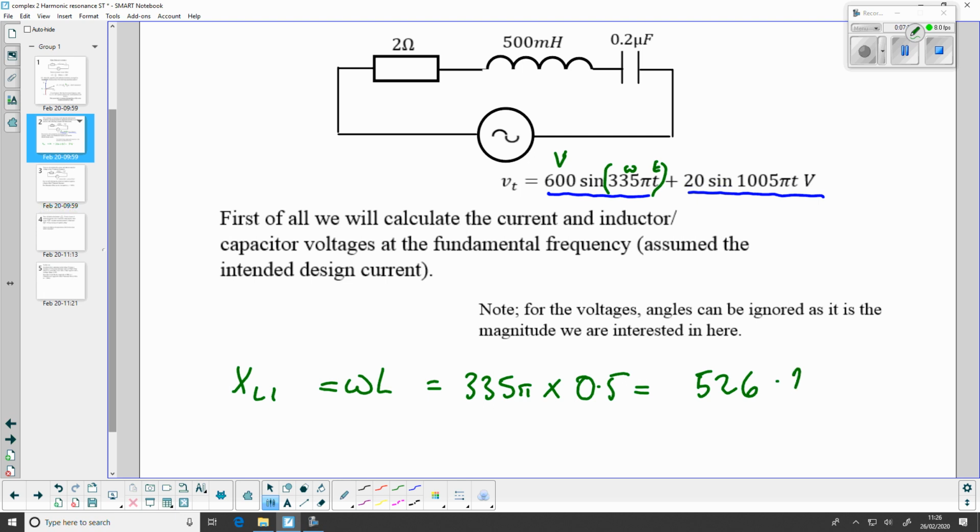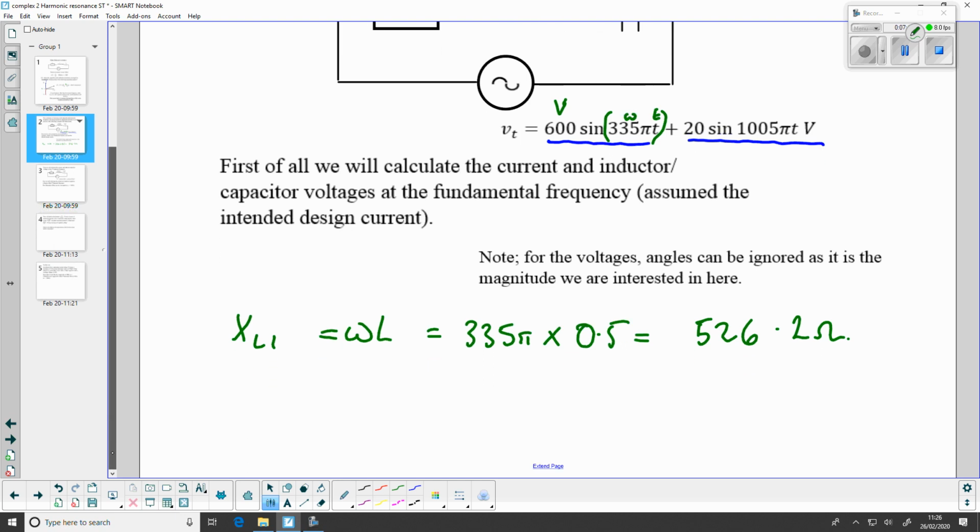So that's the inductive reactance. The capacitive reactance at the fundamental is 1 over omega C. That's 1 over 335 pi times 0.2 times 10 to the minus 6.